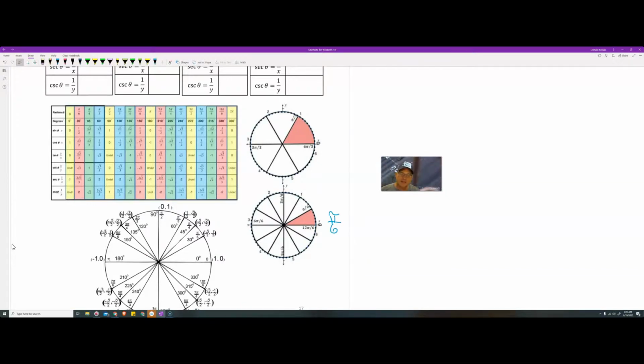I got 6 on the top, 6 on the bottom, so that's 12. So if I go around one time, that's 12. 13 pi over 6 is going to land at the same place as pi over 6. So I'm going to use that column right there.